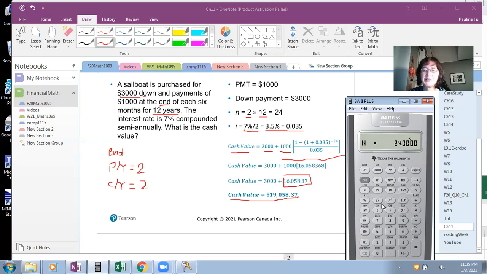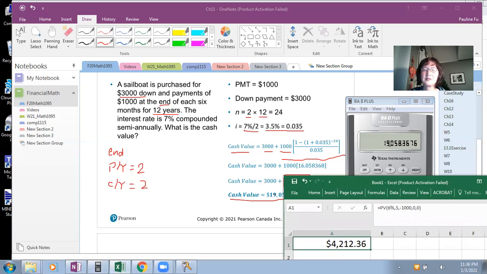When you use the calculator, you just directly type in 7 as the interest because you already set up PY and CY. And 0 is FV. Compute PV. So we get this number, $16,058. And this number plus 3,000 is the final answer, $19,058. So this is the calculator method.